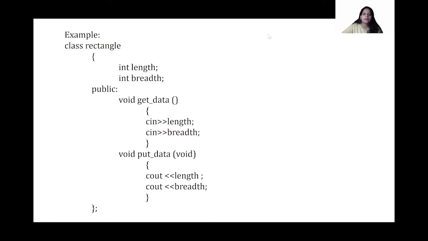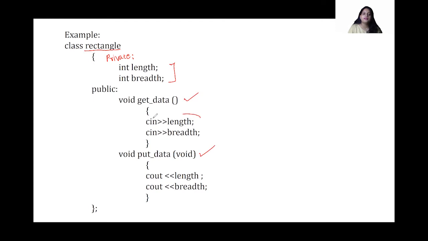So see this example. Here I have a class rectangle. The name of the class is rectangle, and I'm declaring int length and int breadth. Notice one thing here, I have not mentioned any scope for these members. So by default it is going to be private, like we discussed in the last session. So these are the data members. Now when it comes to the member functions, this is one member function I have, this is another member function I have.